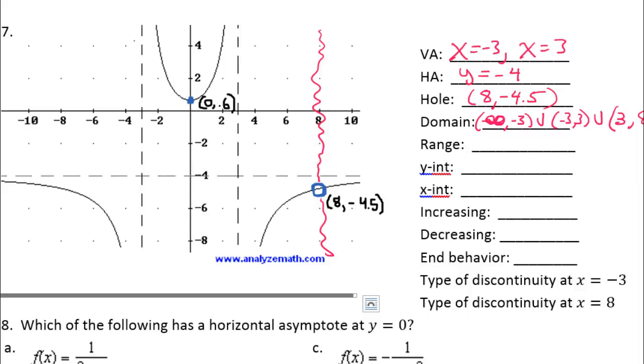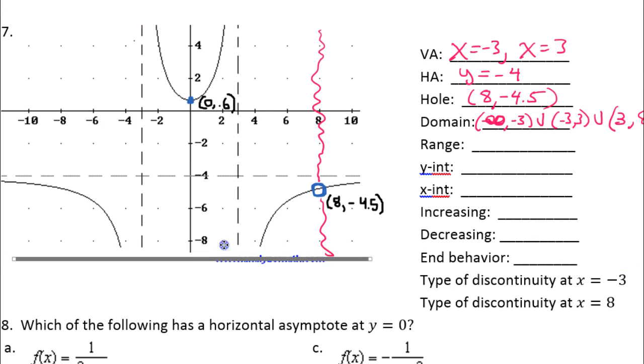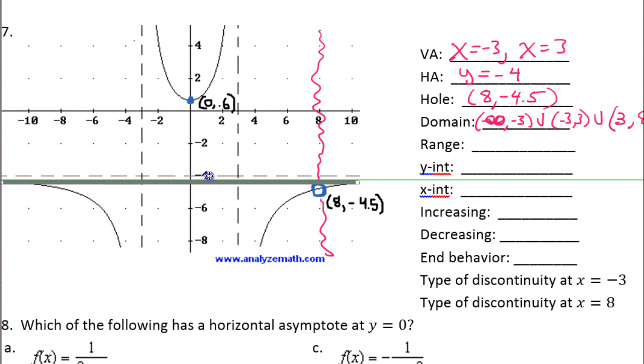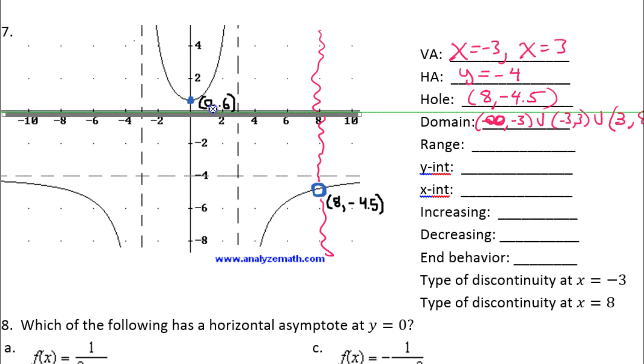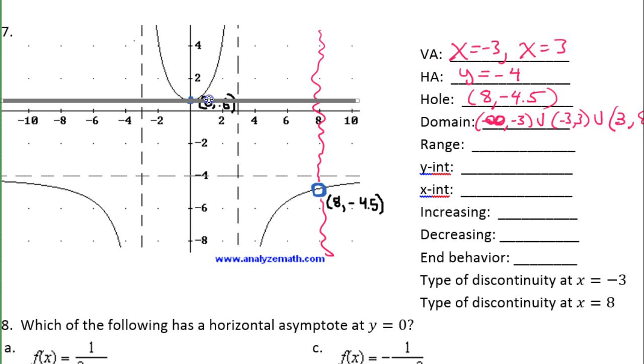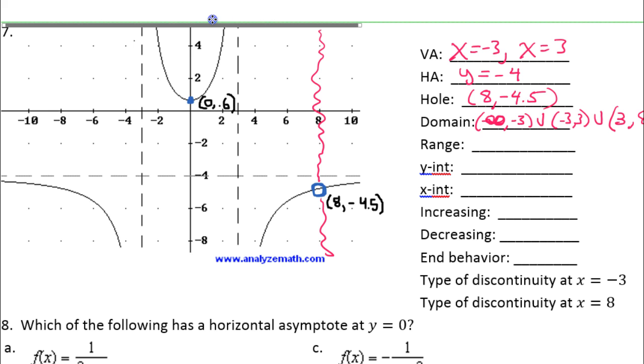Because there's no part of the function that's present between the horizontal asymptote and this local min. So this whole empty desert area needs to get left out of the range. So that's why the range is going to go from negative infinity to -4, okay, and then nothing, and then union 0.6 to infinity. That's how it's going to work.